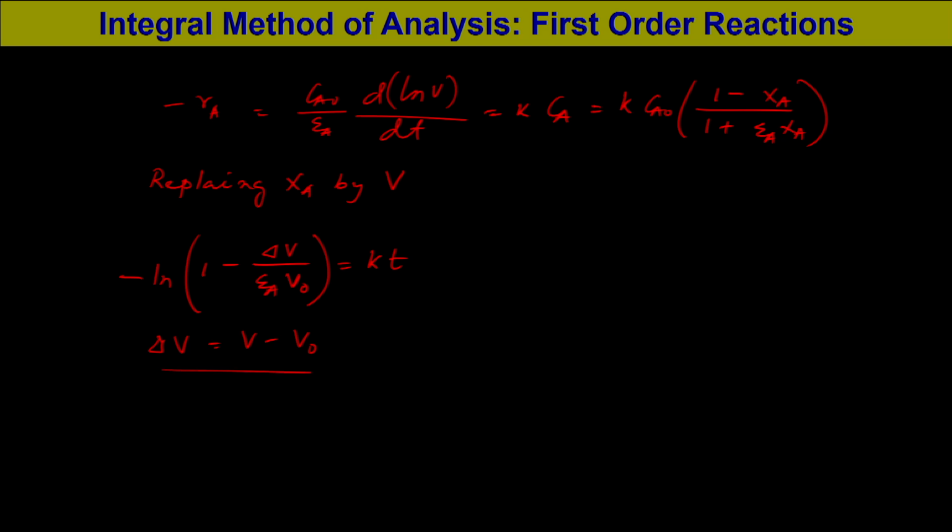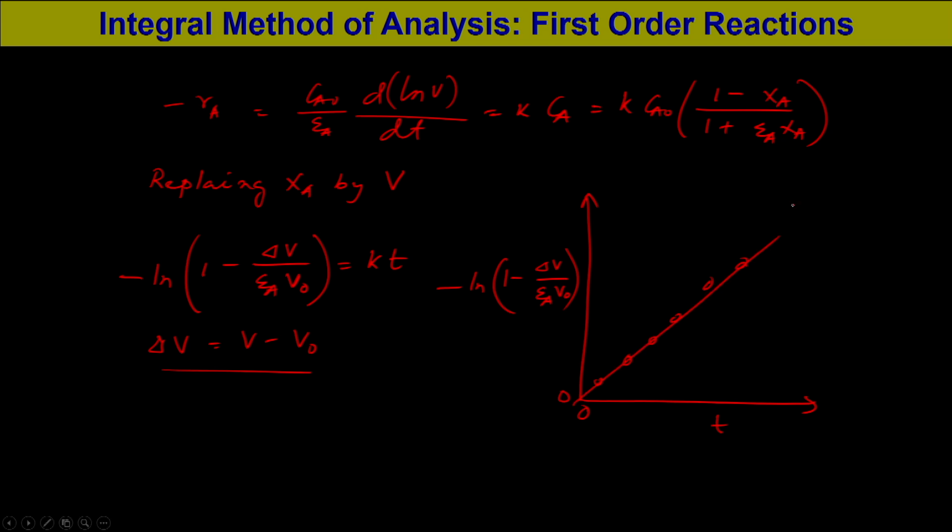So, now if we plot minus ln(1 minus delta V by epsilon_A V_0) versus time, the data would be fitted with a straight line passing through the origin, and from the slope we would obtain values of k.